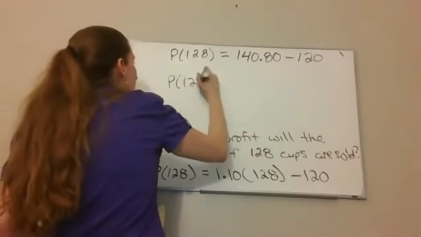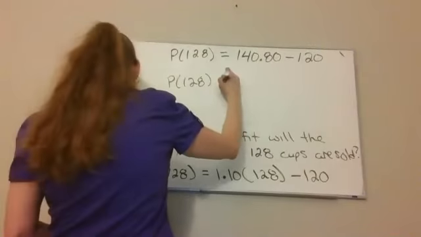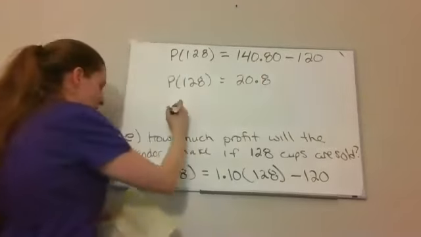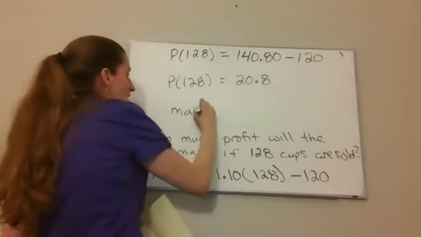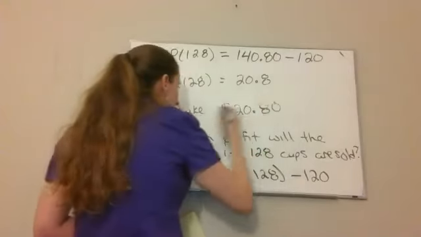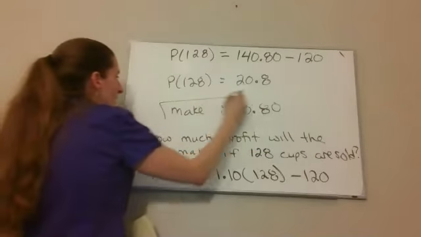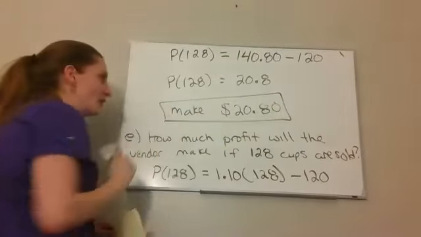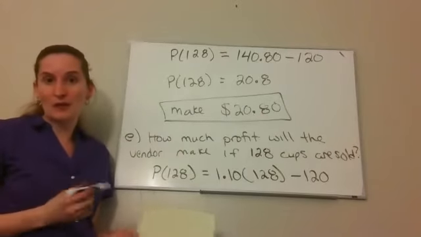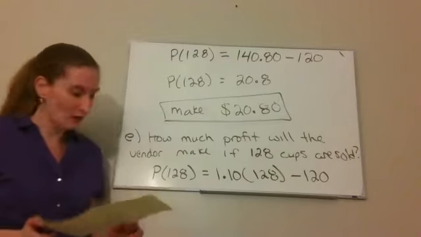And we find out that this time we do make a profit, not a very big profit, 20.8. So that means we make $20.80 by selling 128 cups of lemonade. Not exactly a very huge profit, but at least we're not losing money anymore, so better than nothing.